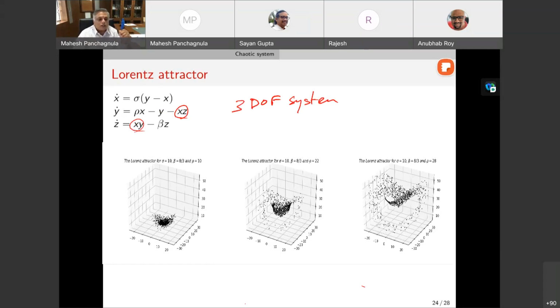Therefore, you see this Lorenz system evolving for three different values of sigma, beta, and rho. For the leftmost panel, you can see that all the initial conditions essentially converge towards two stable equilibria.